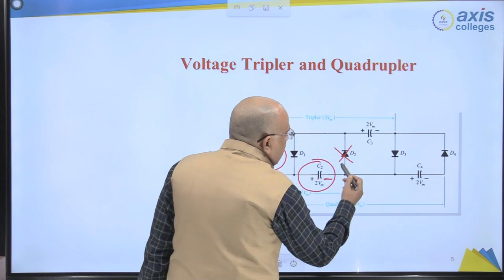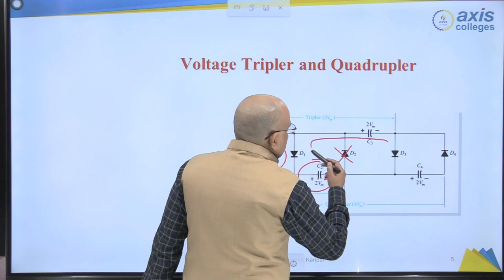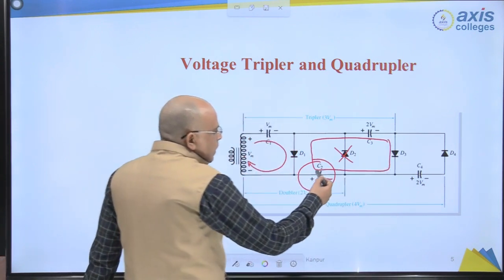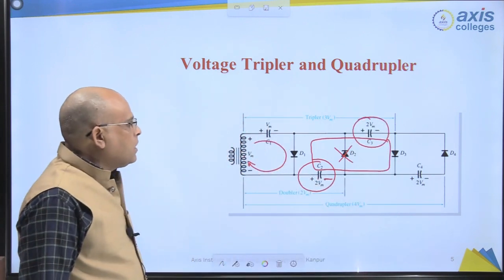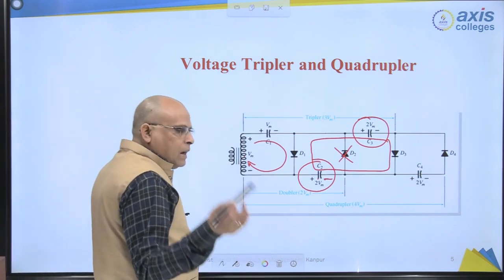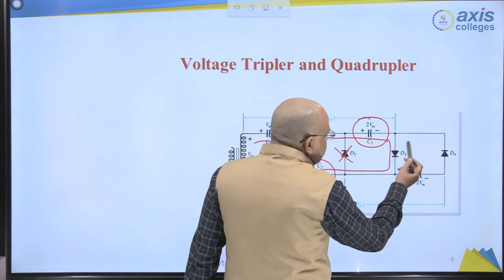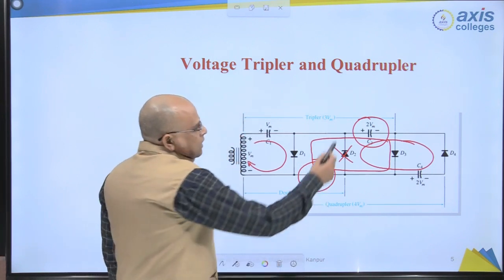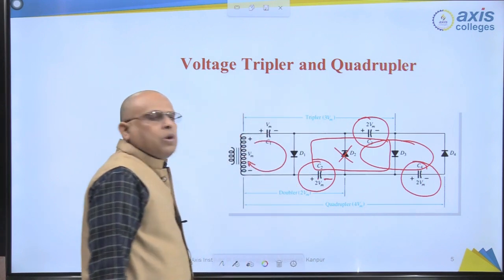So this diode will be open circuited, and this circuit will conduct. So this twice Vm will charge capacitor C3 with twice Vm, and the same process will repeat in the next half cycle. This circuit will conduct and make C4 charged with twice Vm.